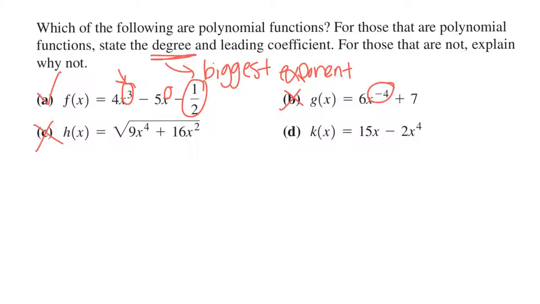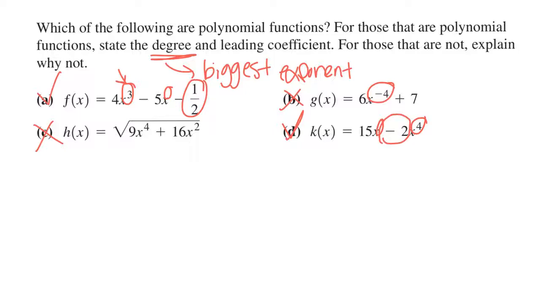And d, k of x is equal to 15x minus 2x to the 4th. So k is a polynomial. If you look at the exponents, there's an invisible one there, and there's a 4 here. So this is a polynomial, and its degree is 4. If we wrote this in standard form, the leading coefficient on d would be a -2.